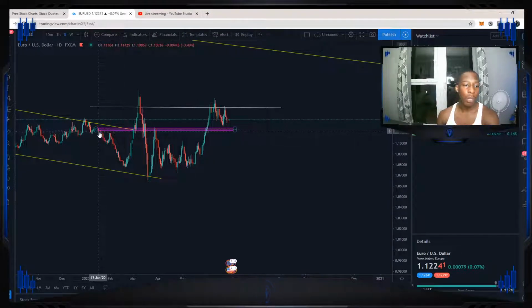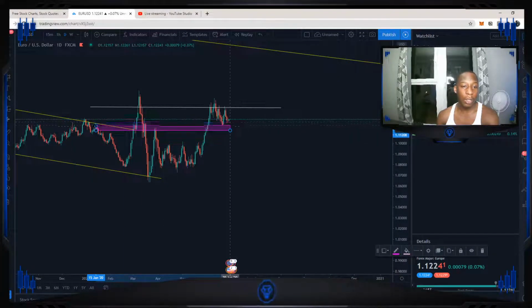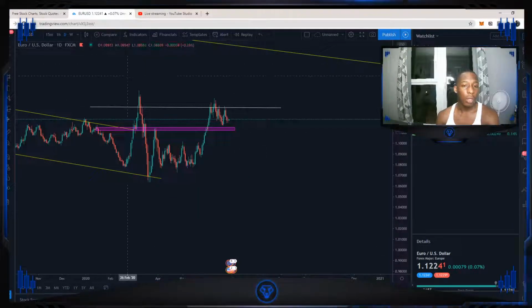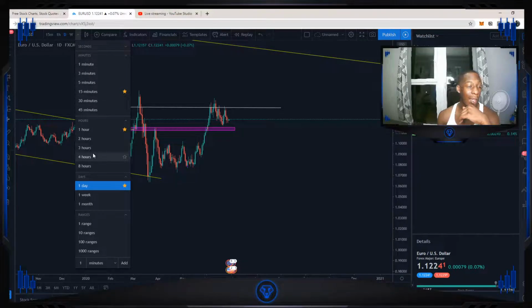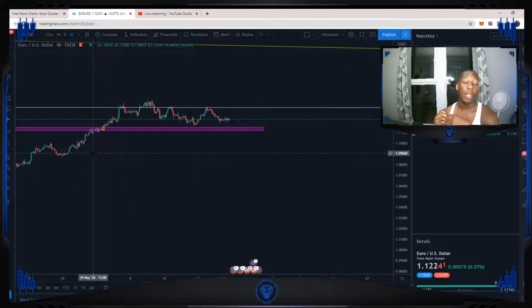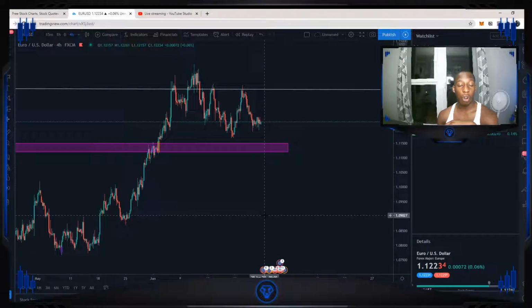We got one, two, three, four, and we've got this little area here as well. Towards this level is where we should be waiting for the retest. Obviously it's opened up bullish. And like I said, Euro USD and GBP USD are very, very correlated.